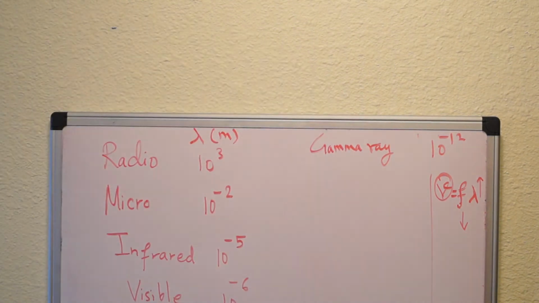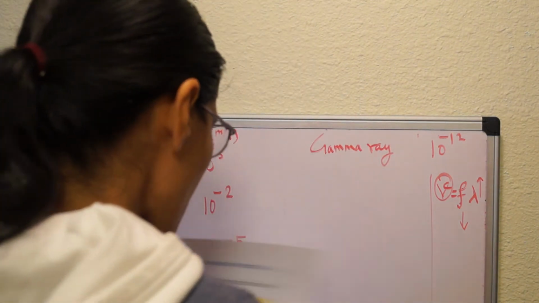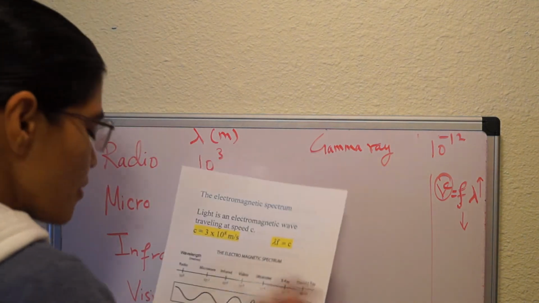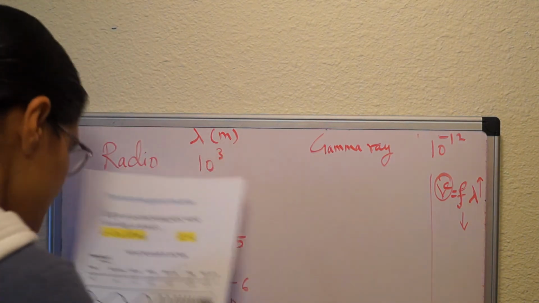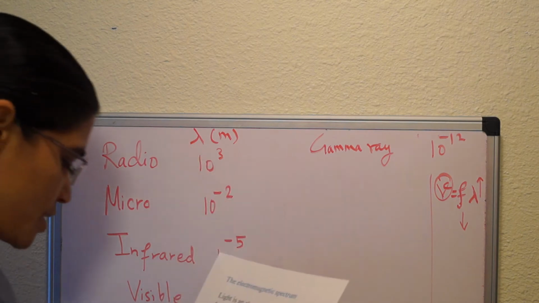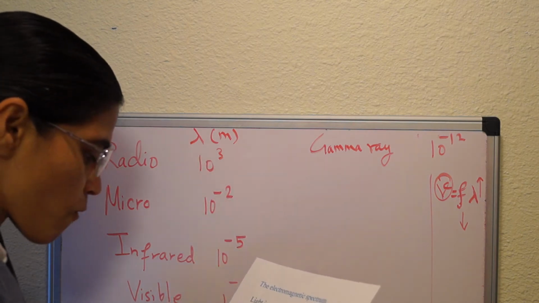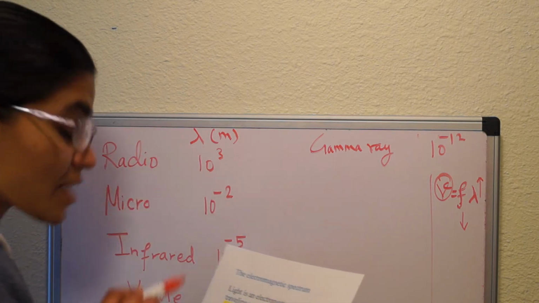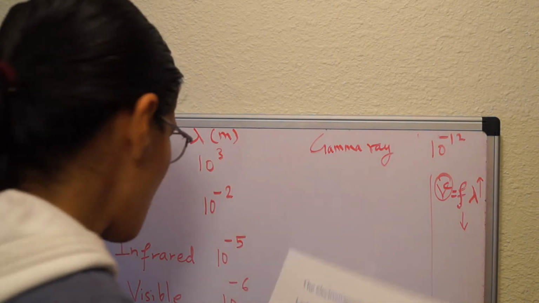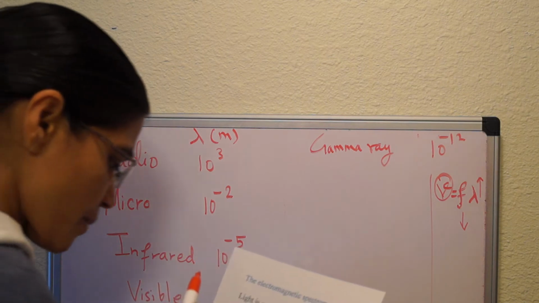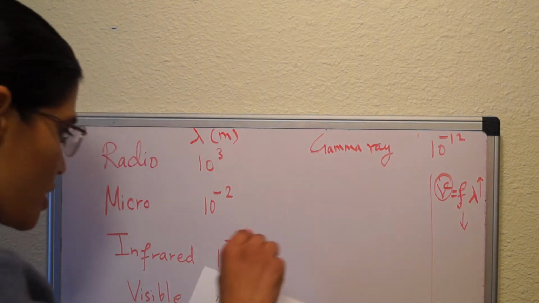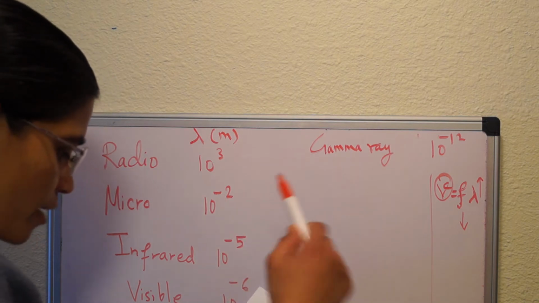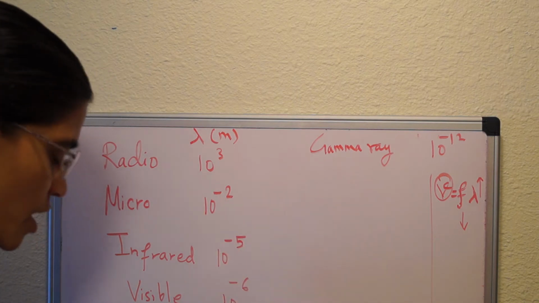If we go by frequency, I'm not going to write this down, but I'll tell you. Radio wave is at 10 to the power 4 hertz. Microwave is at 10 to the power 8 hertz. Infrared is about 10 to the power 12 hertz. Visible is somewhere between 10 to the power 12 and 10 to the power 15.